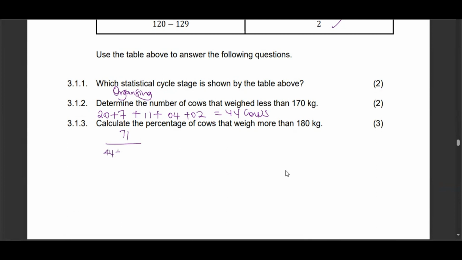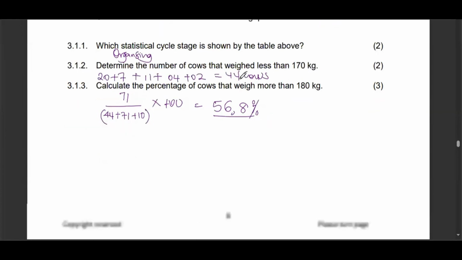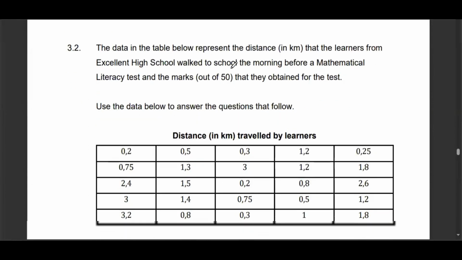We have 44 plus 71 plus another 10, that is 125. Because it is a percentage, you multiply by 100 and the answer becomes 56.8%.